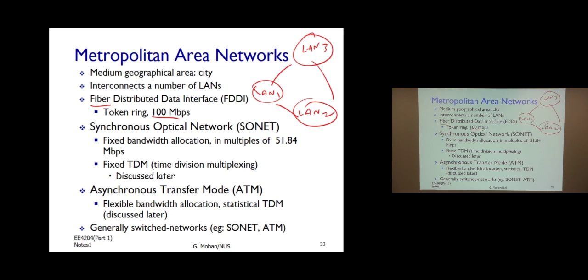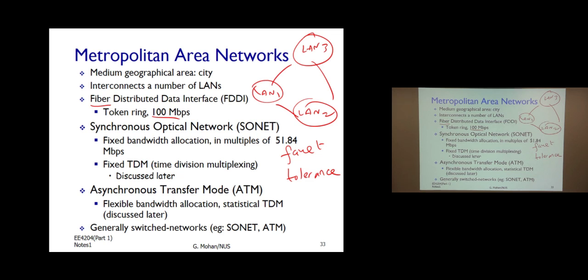There is a key difference between a metropolitan area network and the LAN. In metropolitan area networks, usually they have the concept of fault tolerance. What happens if a link is cut? Because this is a network outside, it's not under direct control. The links are usually laid under the ground.